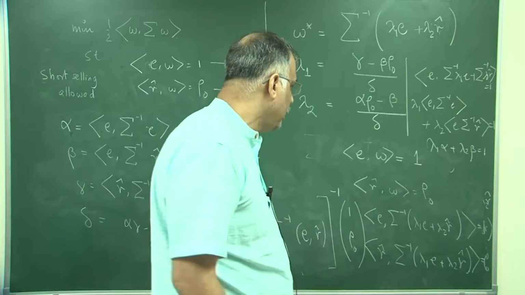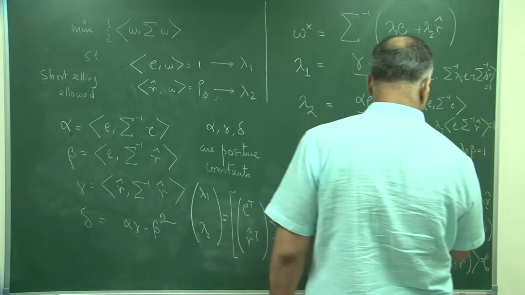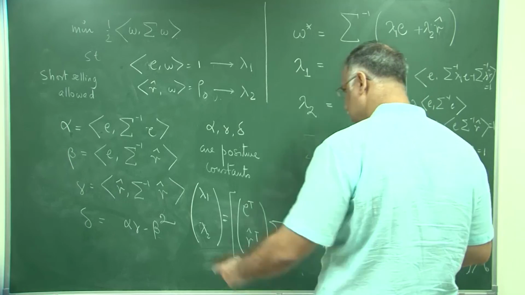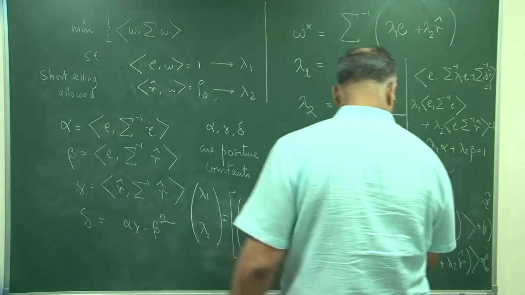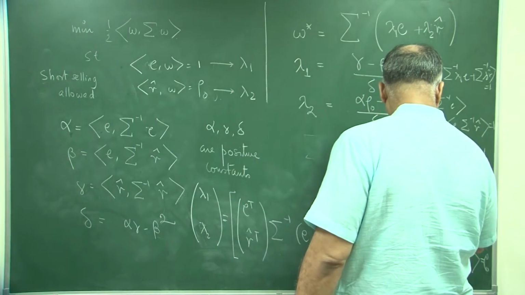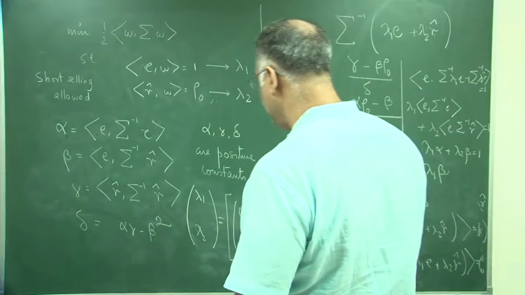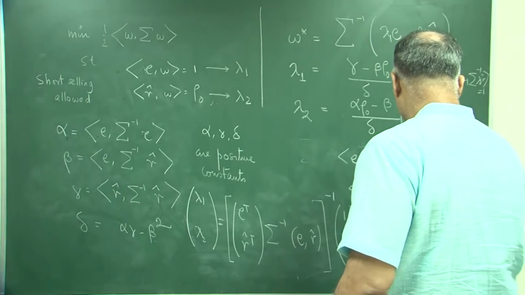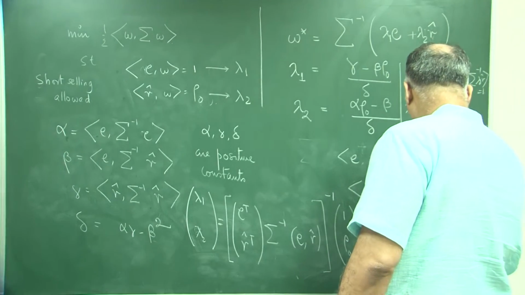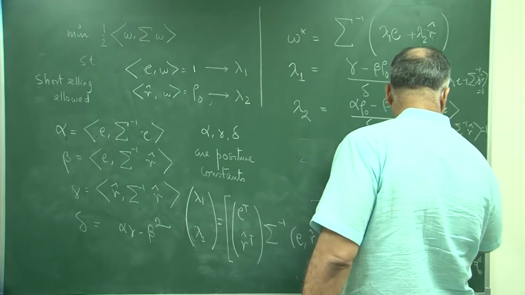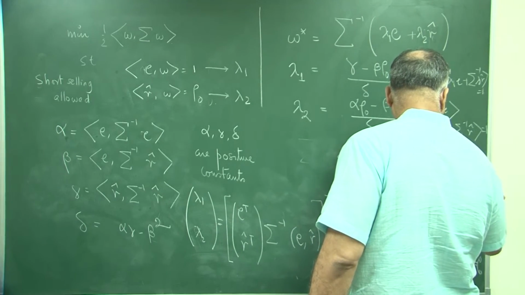Similarly in the second case, you will have lambda 1 beta, and then if you look at this, lambda 2 gamma equal to rho naught.